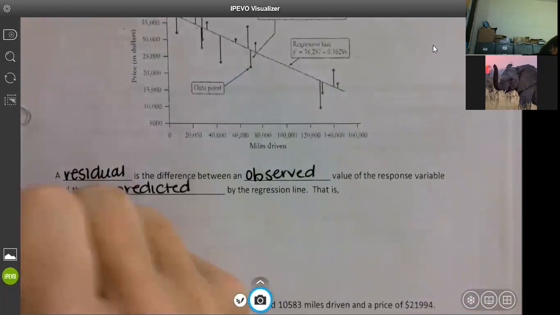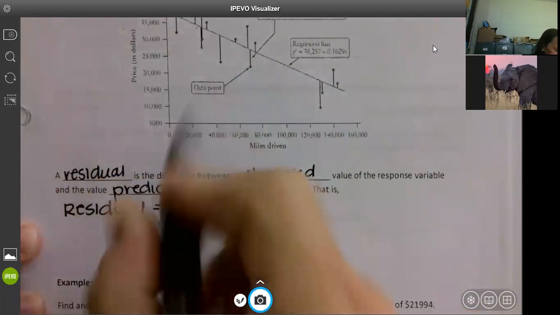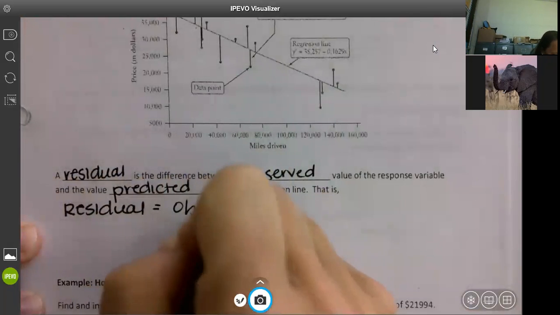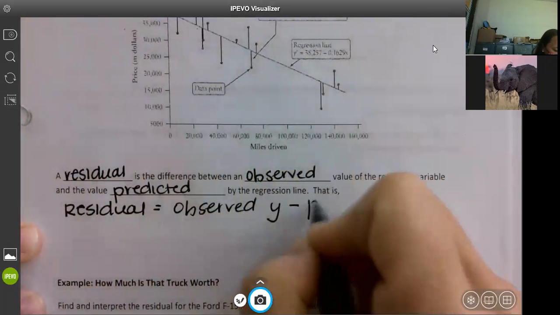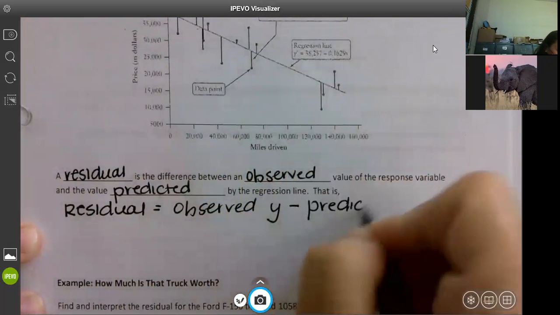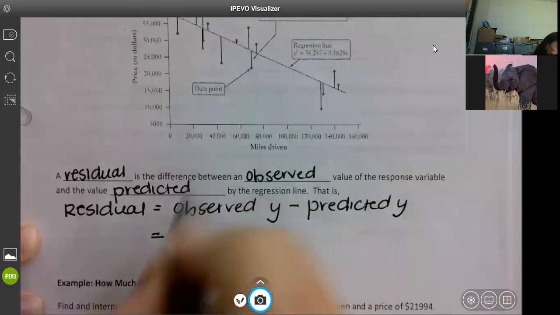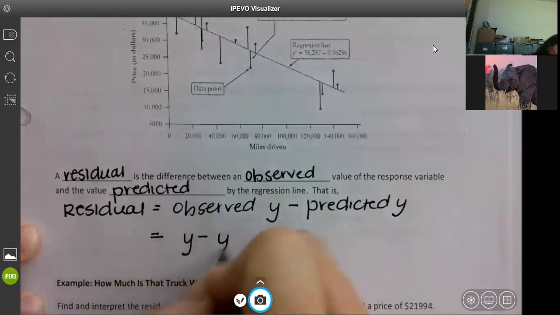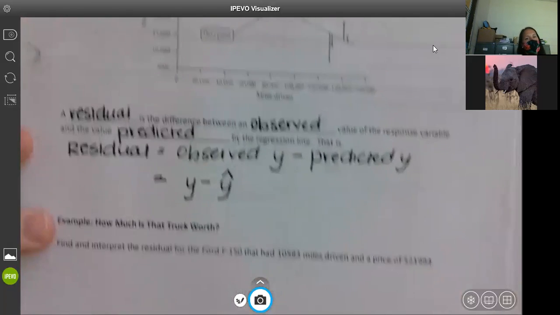So this is the formula for residual: your observed y minus your predicted y, which is actually y minus y hat. I just say the actual minus the predicted. So it's whatever you can remember.